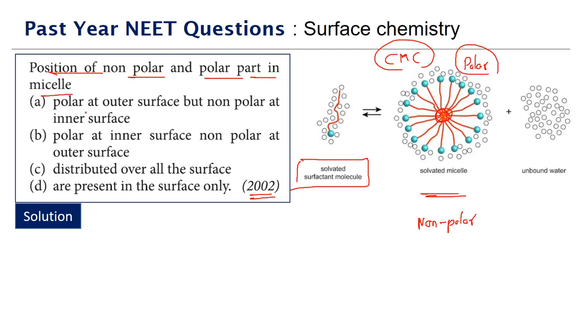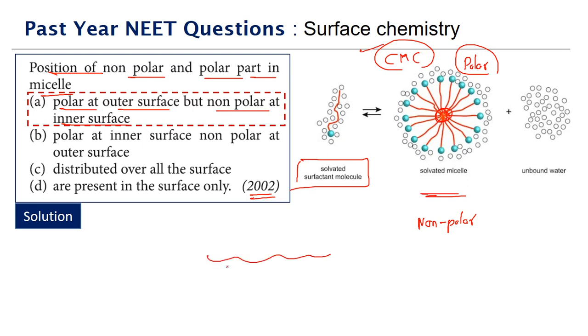So we have polar outer surface and non-polar in the inner. So the position of the non-polar and polar parts will be as per this order when the micelle is being formed. That will be happening only when the concentration is more than the critical micelle concentration.